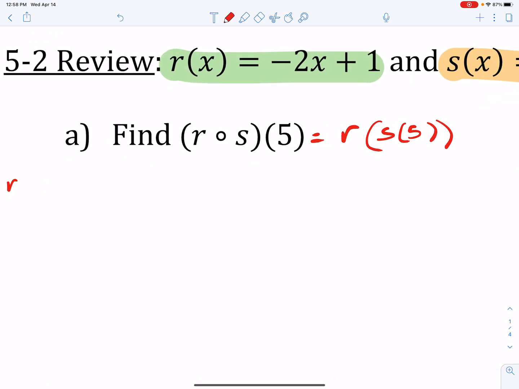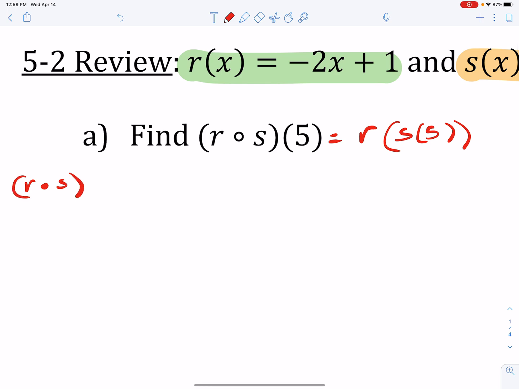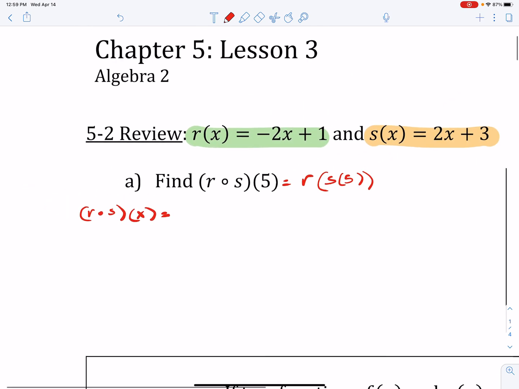Let me make this a little bit clear. I don't want this to look like a letter. So R composed of S at x equals, so R is on the outside, so I'm going to have -2, and if you remember, this function here, S of x, I'm going to put that inside of R of x.